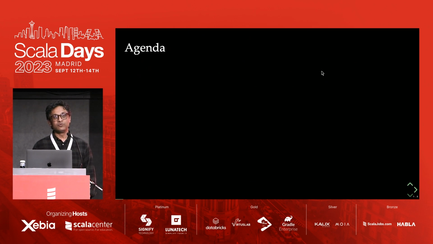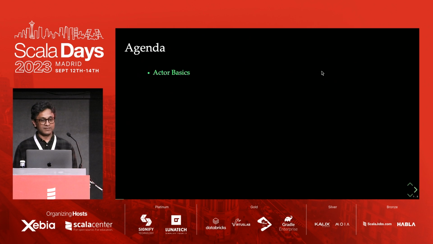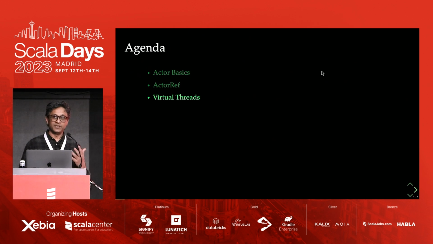And what we are going to talk about today, we'll start with the actor basics and terminology. We'll adopt some terminology which is familiar, or made familiar because of Akka, like ActorRef. Then we'll talk about virtual threads, which Project Loom brings, and what role they can play in your own pattern.